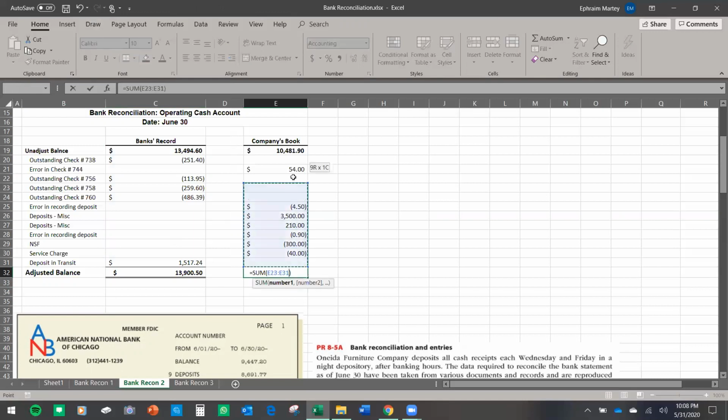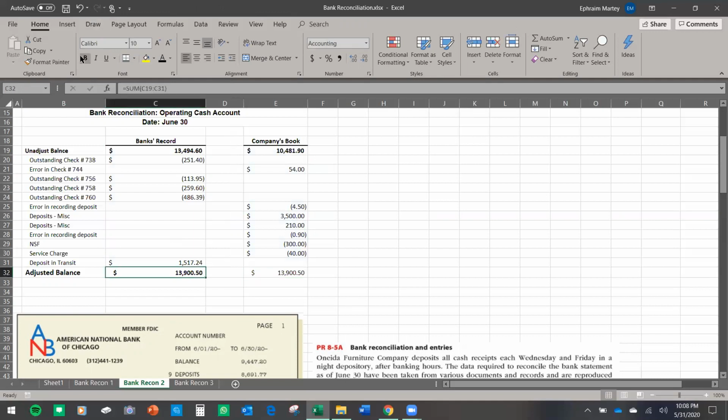I hope it works. I'm scared. Good, that works. So that means we have reconciled our bank accounts. They are the same. This minus this is zero. Reconciled. So we corrected the bank, they have this, and we corrected that way, so we have this. Good. So we're done with our long reconciliation.